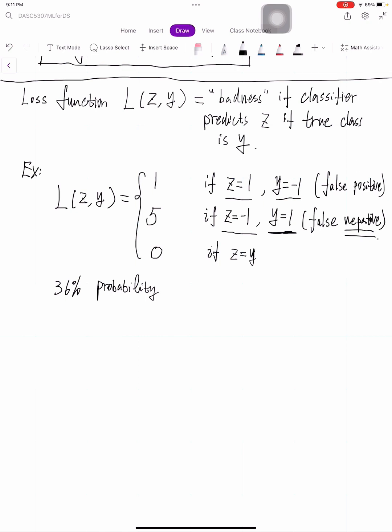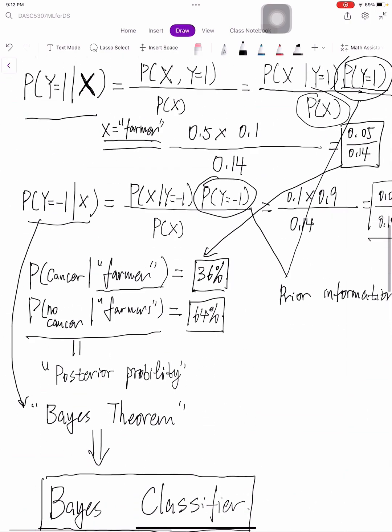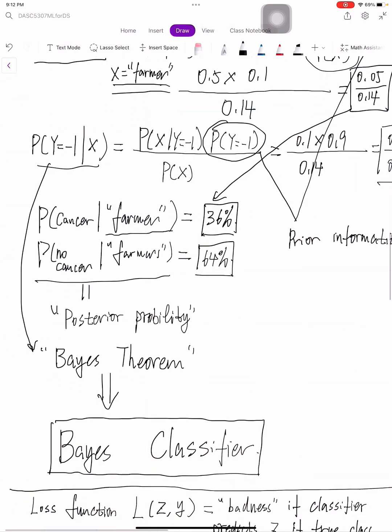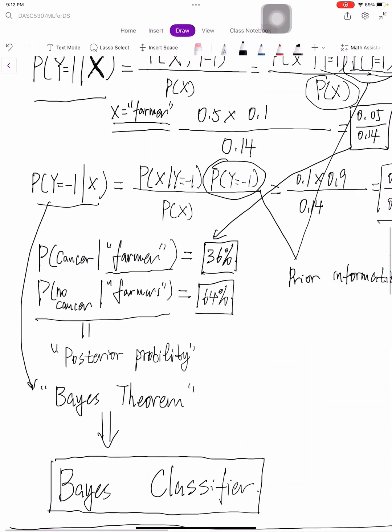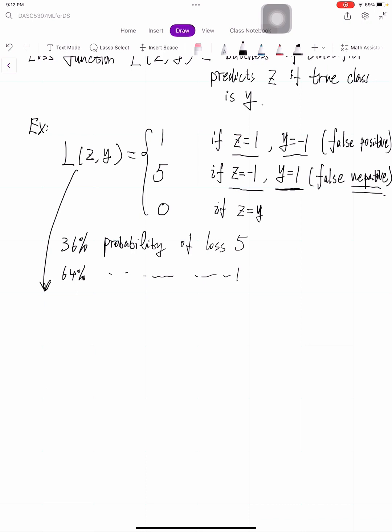And in the last video, we calculated that there is a 36% probability of loss 5 and a 64% probability of loss 1. We get 36 and 64. And for this case, we recommend further screening.